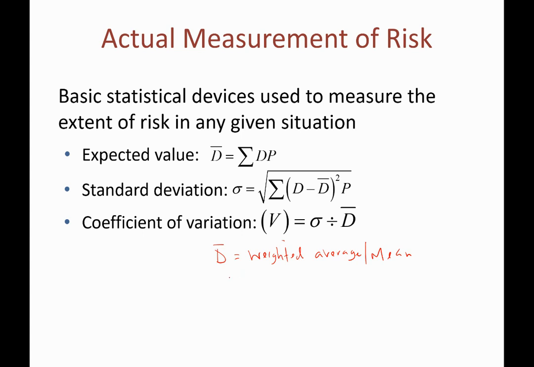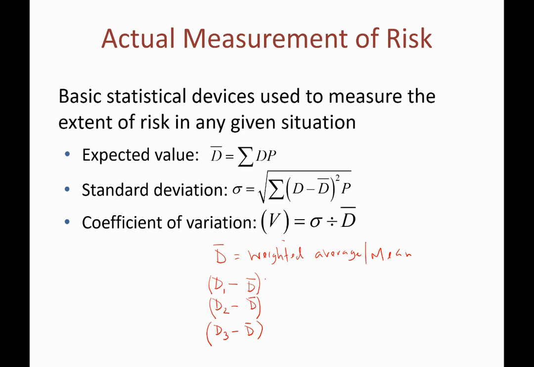For every possible outcome that you have, let's say you have an outcome D1, you take D1 minus the expected value, and then you do the same thing for another outcome. All these are the deviations, how far the outcomes are deviating from the mean.